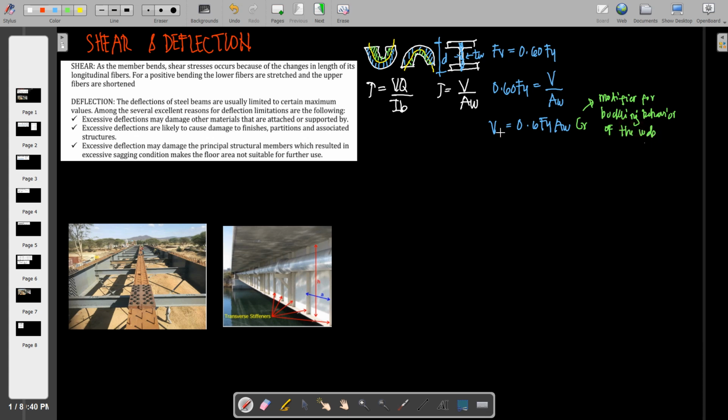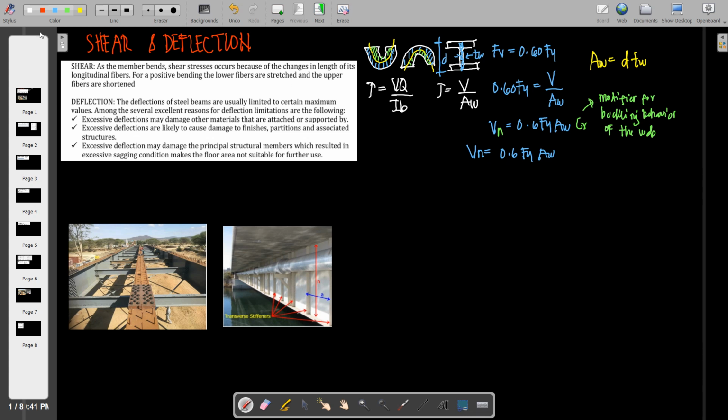Hence, this shall become now our nominal shear strength for the steel. So, therefore, Vn is equal to 0.6 of Fy times Aw, or the area of the web. So remember here, we note that the area of the web is equal to the overall depth times the web thickness.